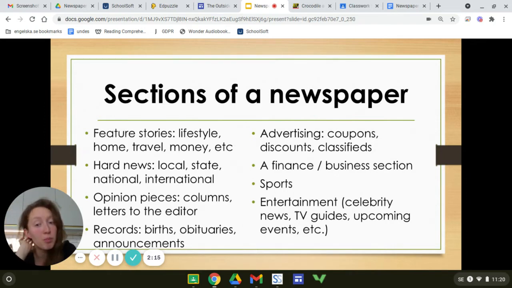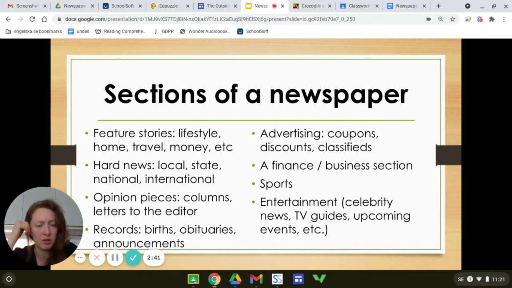Anyway, opinion pieces, which would be like advice columns or letters to the editor. Records of births, obituaries, and other announcements. They used to have dating ads in the newspaper, pre-dating apps. Obituaries would be for people who have passed on. You will practice writing an obituary as well, but not today.